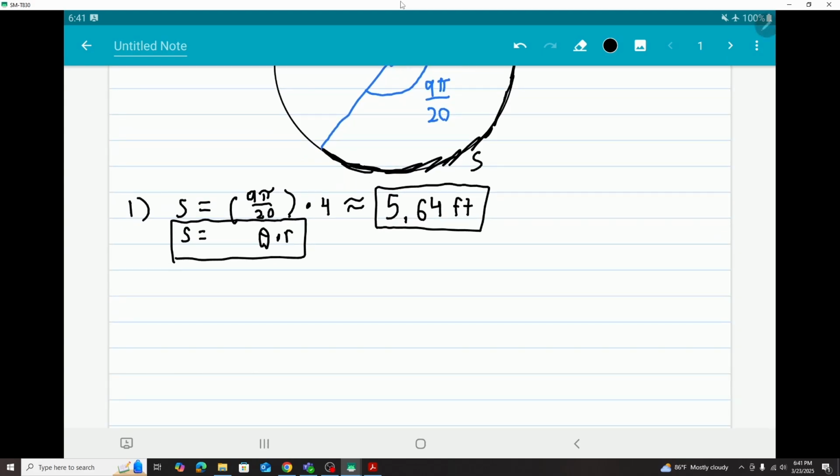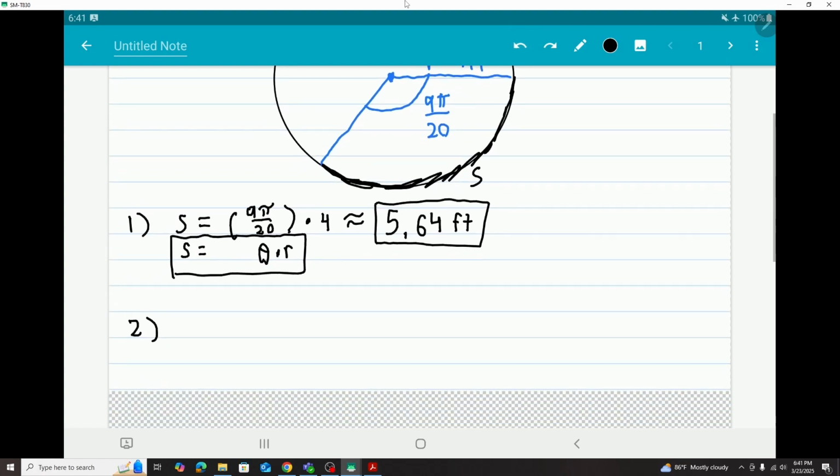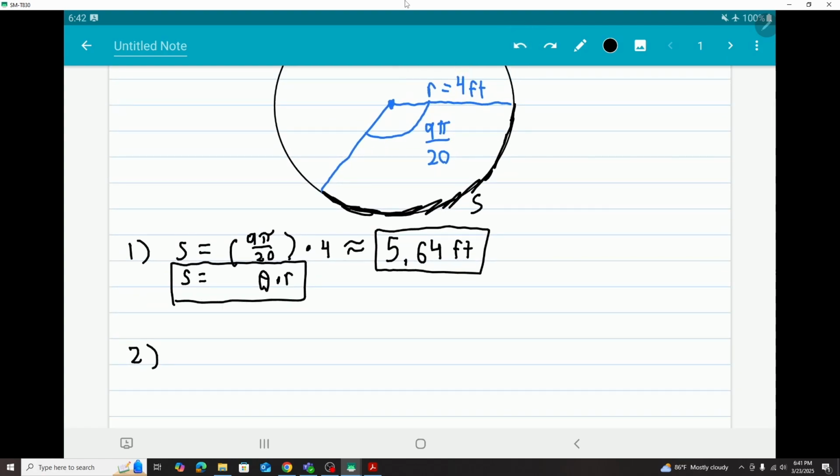The area is a little different. So here it wants the area of this sector. It wants the area of like this region. So how do we find that? Well, the area of a normal circle is A equals pi r squared. And so if you want a sector, there's a little bit of a weird thing that happens.